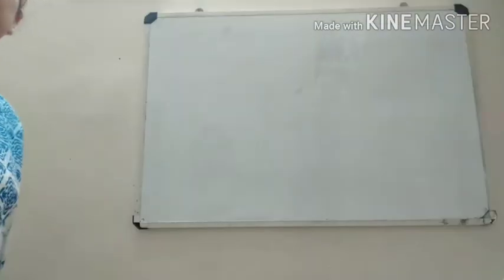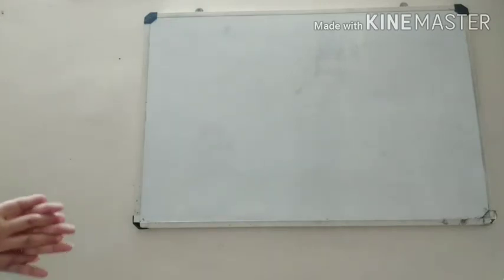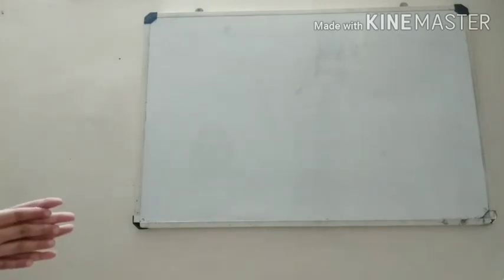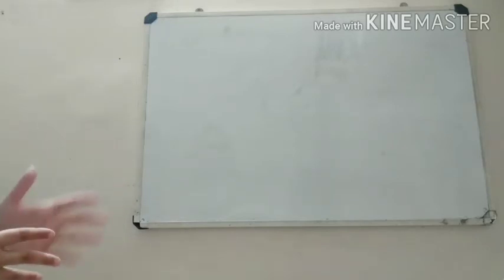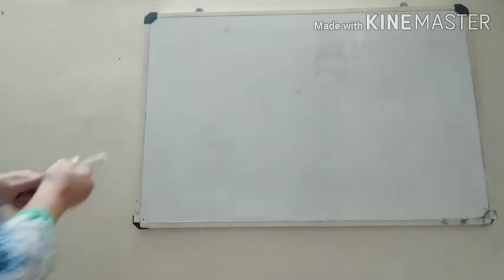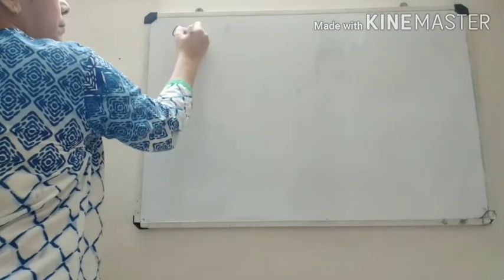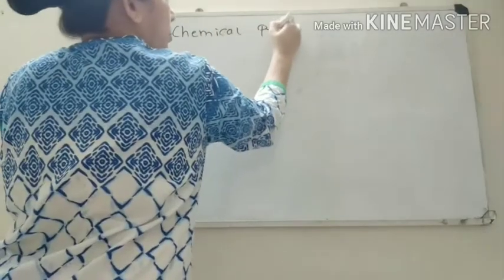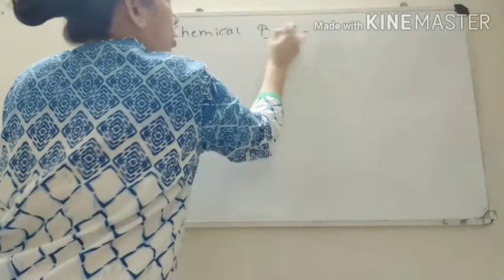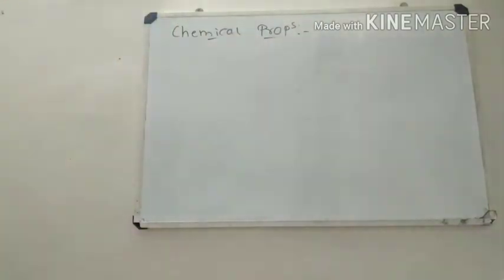Now after the 6 preparation methods of carboxylic acid, the next session is the chemical properties of aldehyde and ketone.